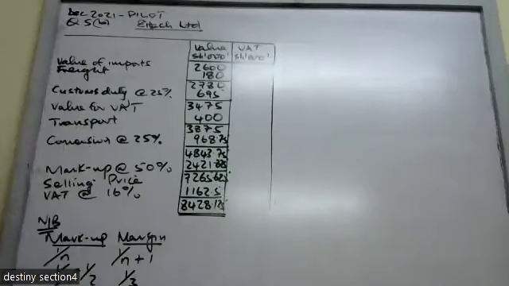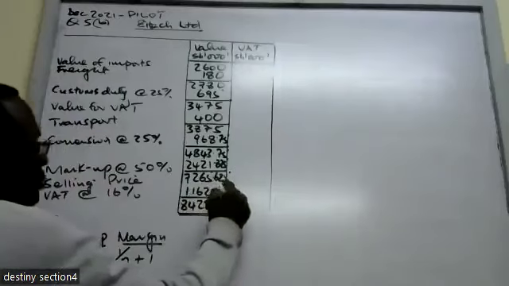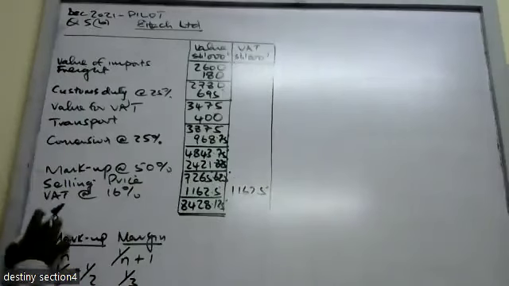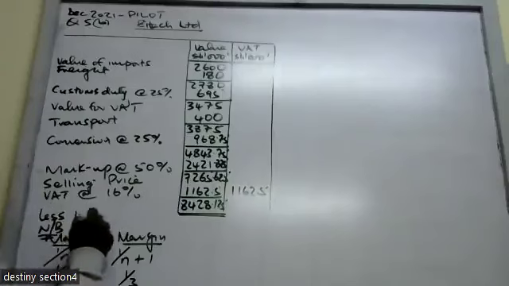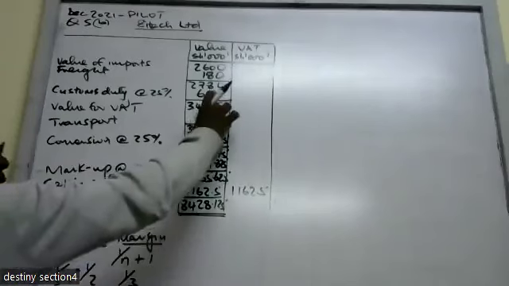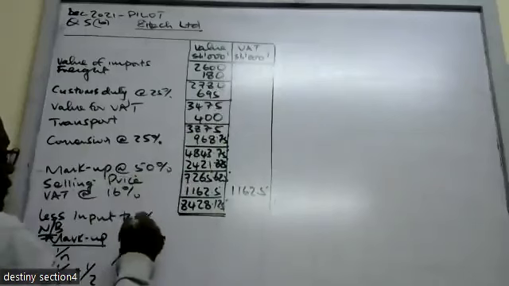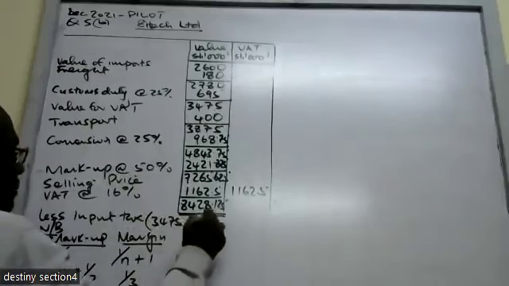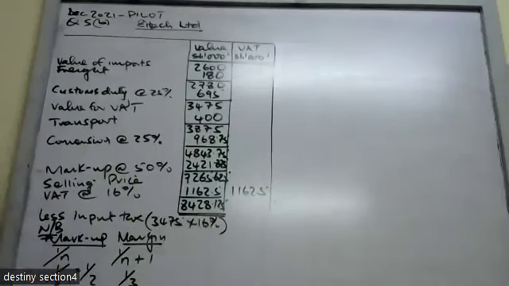Then we get the VAT payable, because that was the question. This is output tax. Output tax is 1,162.5. Then you less input VAT, because that's the formula: VAT payable is output tax less input VAT. So input VAT is based on 3,475, the value for VAT. So 3,475 multiplied by 16%.